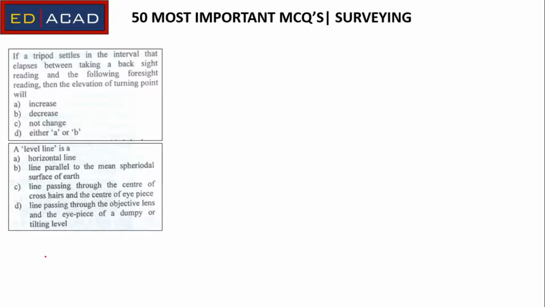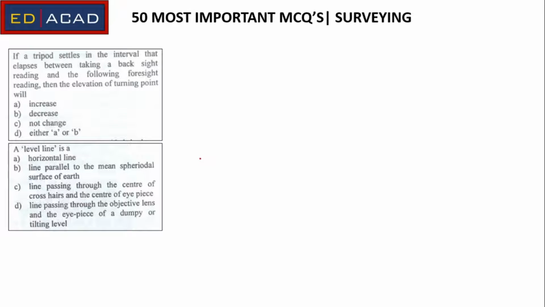Let's move ahead. So a level line is a horizontal line parallel to the mean spheroidal surface of the earth, line passing through the center of the crosshair and the center of the eyepiece, line passing through the objective lens and the eyepiece of a dumpy level or tilting level.